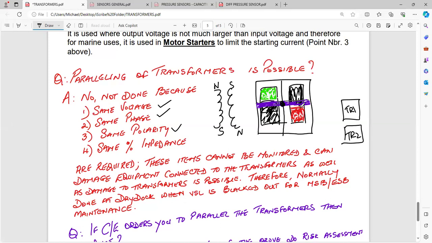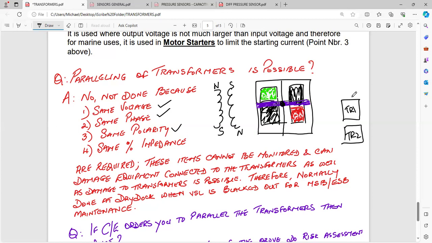If you are at a safe anchorage, then after doing all the risk assessment as to what equipment can be affected, because these feed several important domestic equipment, which could include equipment on the bridge, and after getting permission not only from the chief engineer but from the company also, then you can do that.